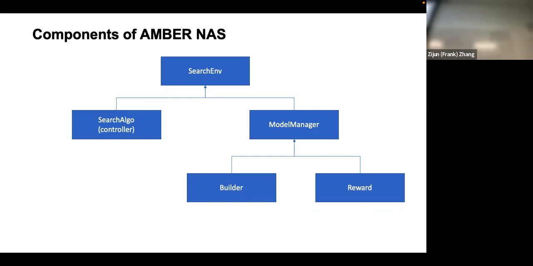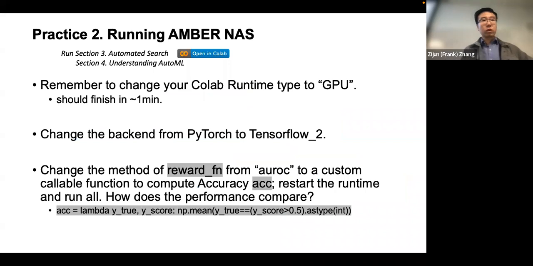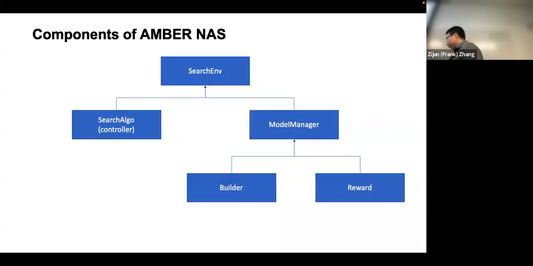Again, in this reward function, you can encode different types of things as reward. For example, we can use AUROC, or we can also use accuracy. And one of the practices is actually asking you to change that. So, okay, before we move on to the second practice, any questions?